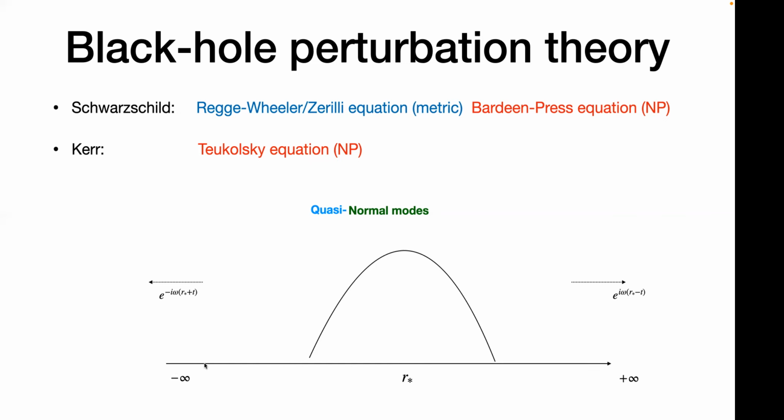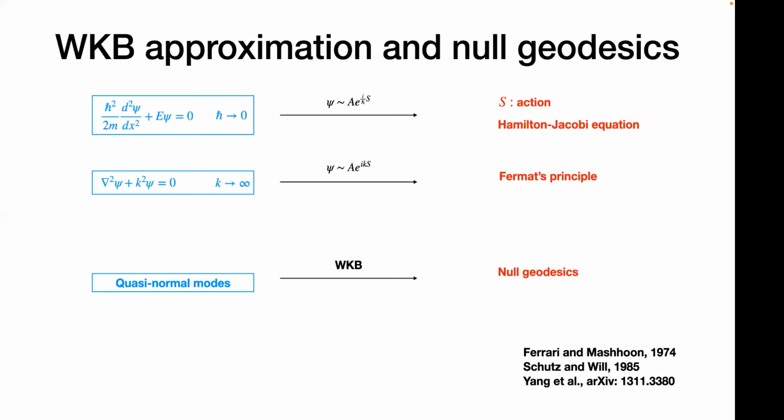By the way, this minus infinity represents the location of the horizon. One can, of course, solve the equation numerically and find the values of quasinormal modes, but it turns out that there is a simple and semi-analytic method to understand the physics behind quasinormal modes. It is called the WKB approximation. Below I will give a quick introduction to this method.